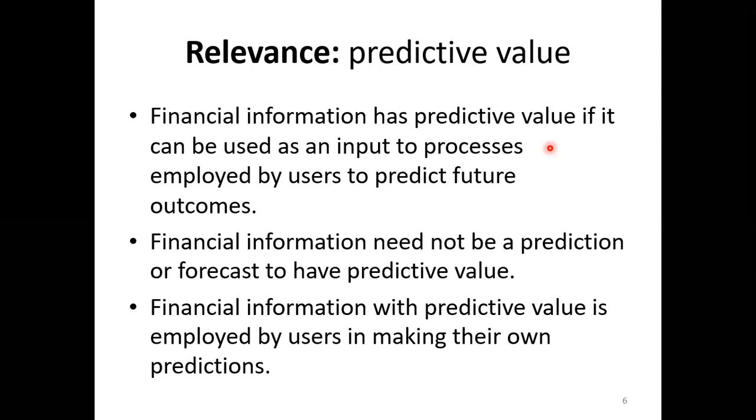Financial information need not be a prediction or forecast to have predictive value. Financial information, actually, is not predicted value. These are estimated values, actual figures. Financial information with predictive value is employed by users in making their own predictions. Users such as investors can predict share prices in the market based on the previous years' performance.